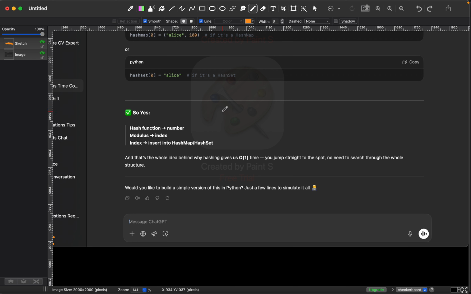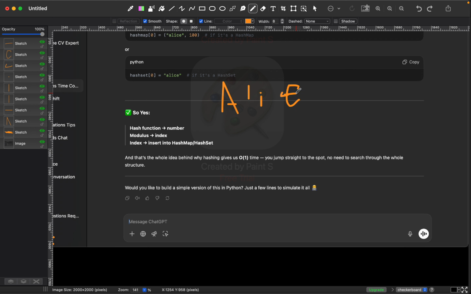So for example, for Alice itself, you get a number representation for this name of its own, and say for example the total is like 8, right? And this process, they call it a hash function. So you basically get the number. So that's the first thing.